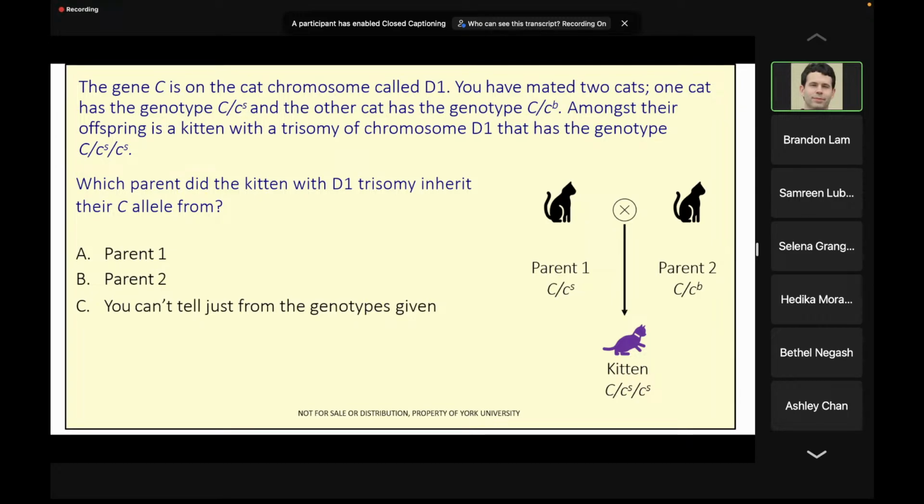And 15% of the class are saying you can't tell from the genotypes given. One thing I'm going to tell you right from the beginning is yes, you can tell. So let's go over this answer. Why did some of you say parent 1?